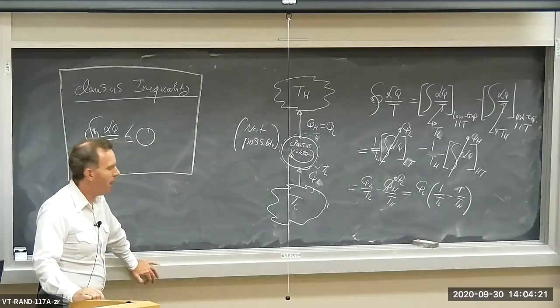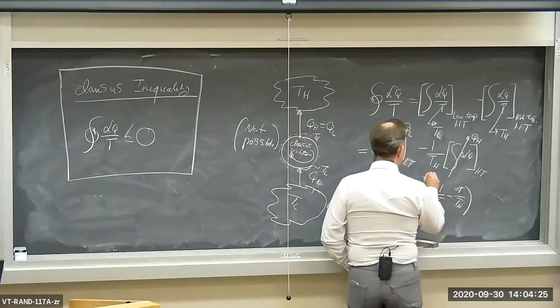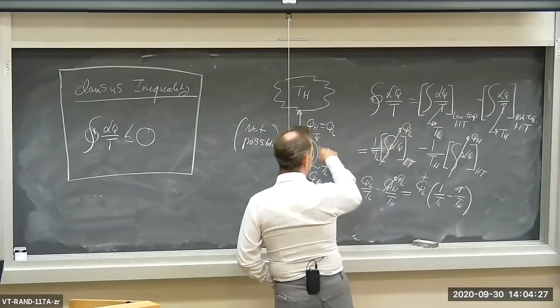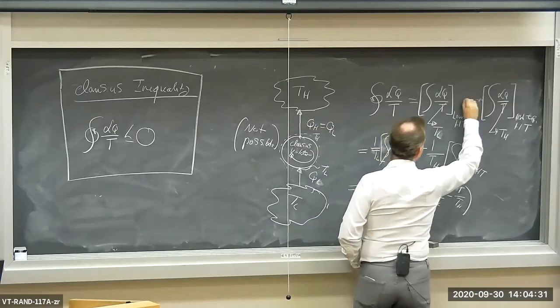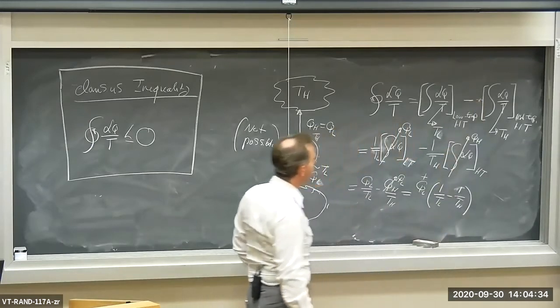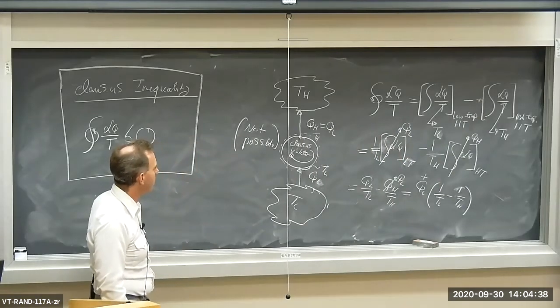Now, Q_L is positive, it's a positive heat transfer. I've dealt with the signs of the heat transfers with this negative sign. There's a negative sign in front of the Q_H out of the system, so the signs on the heat flow are taken care of.